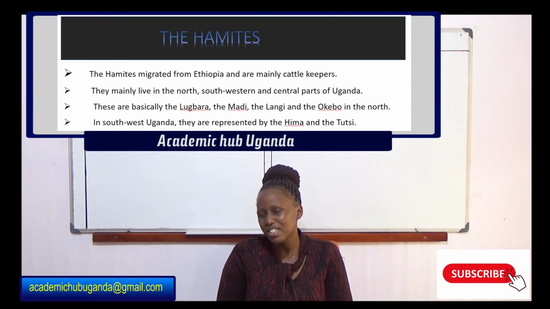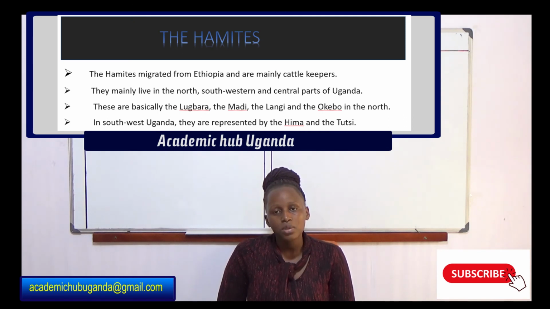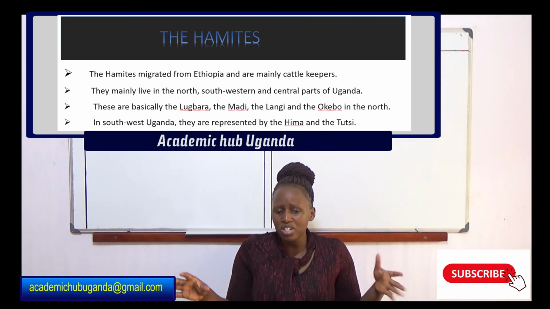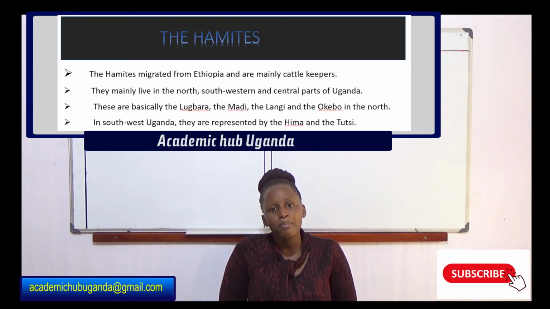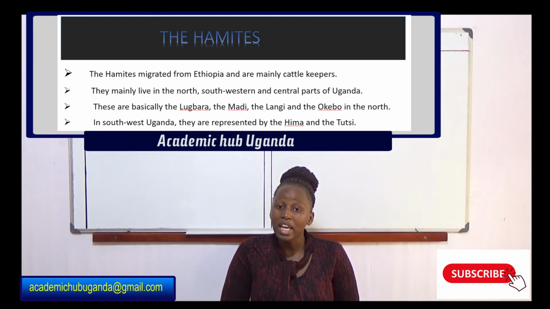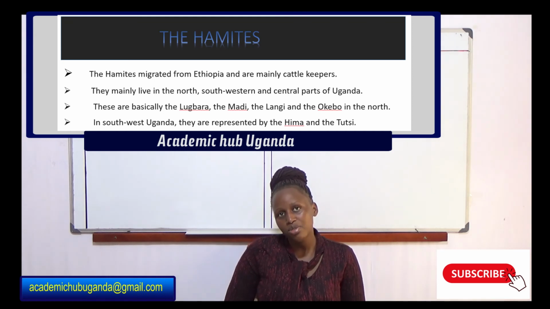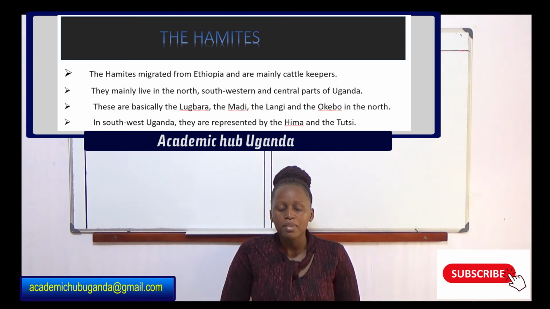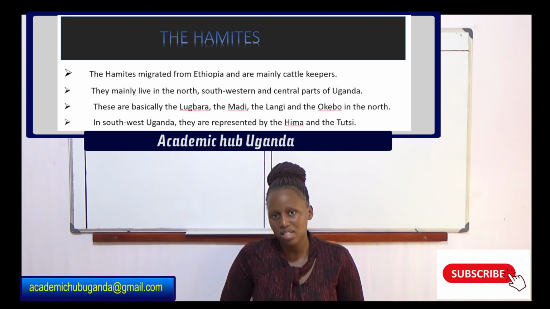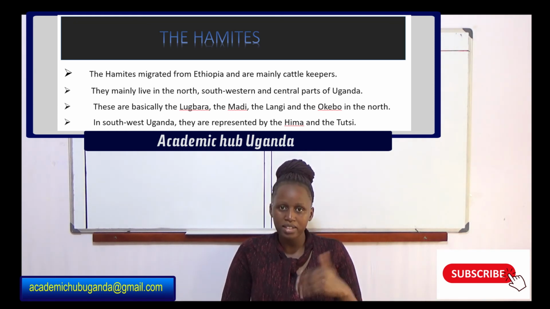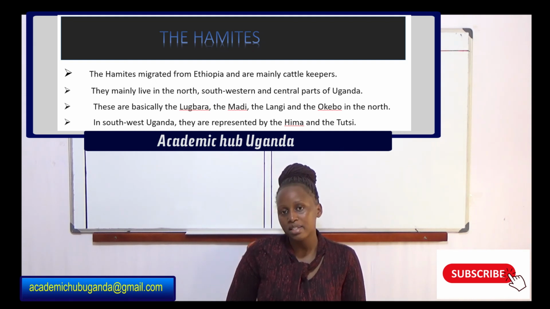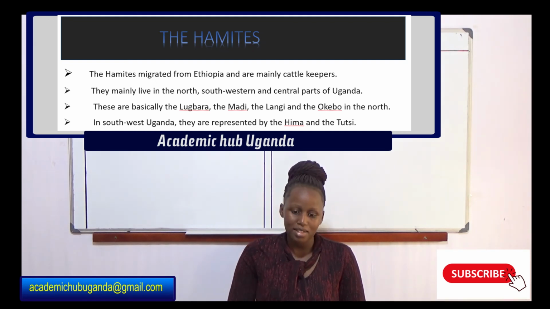Have you heard of the Lugbara? In your conversation, you always hear about those Lugbara. We also have the Madi, we have the Okebo, and in the southwest we have the Hima and the Tutsi. And the Tutsi are also in Rwanda. So we have the Hima and the Tutsi. All of those are examples of the Hamites.